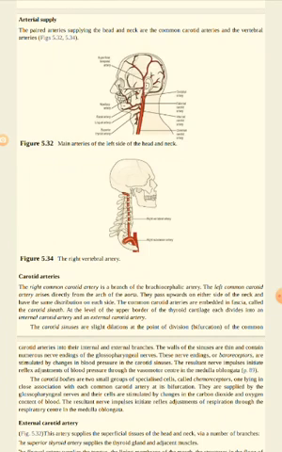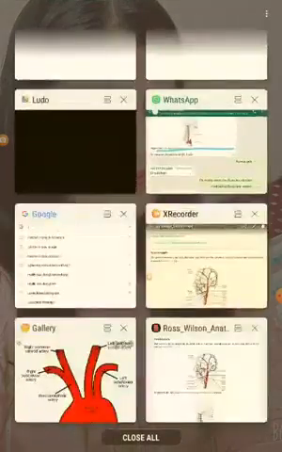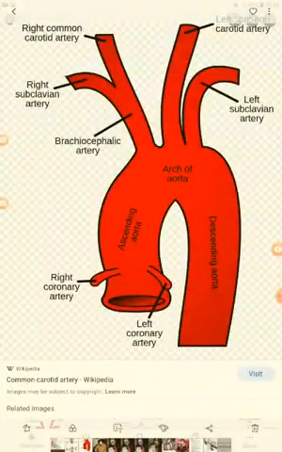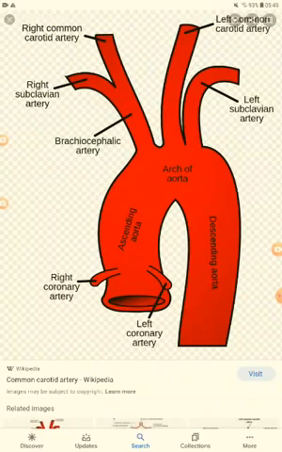The common carotid artery on the right side, which is called the right common carotid artery, is a branch of the brachiocephalic artery. I'll show you in the figure. And the left common carotid artery is a branch of the arch of aorta.